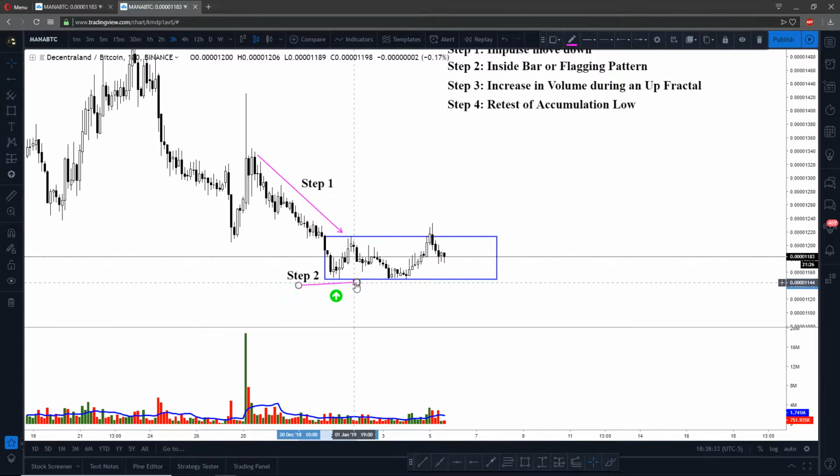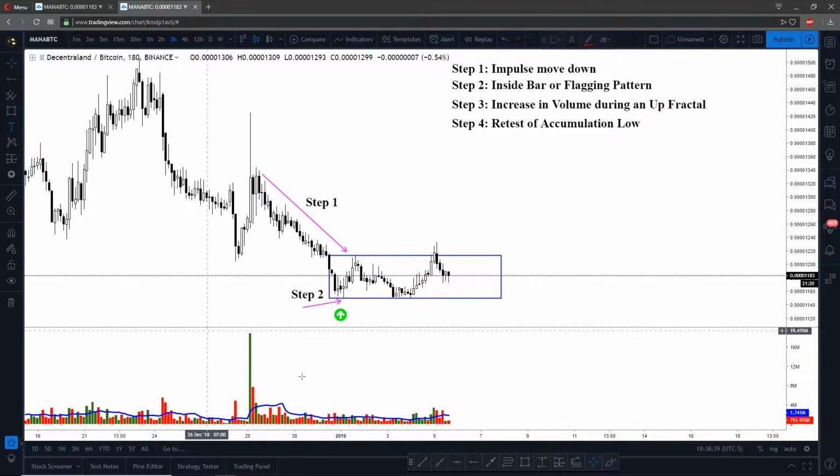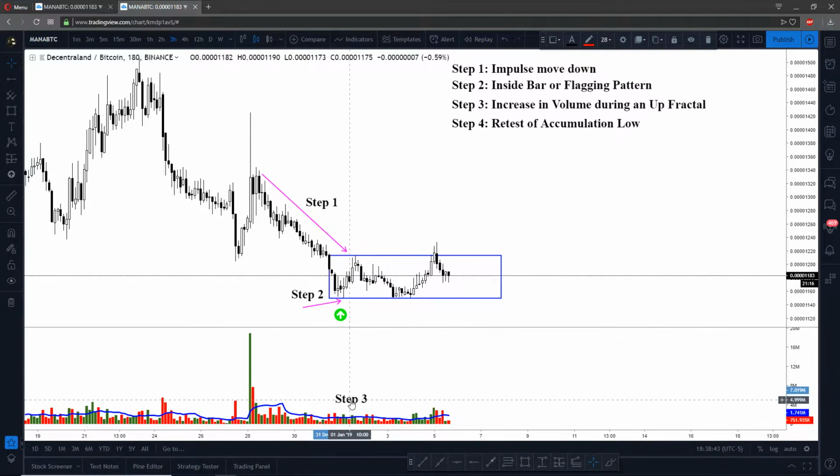Make this a little easier to see. So here we have step 3. And now we have step 4.